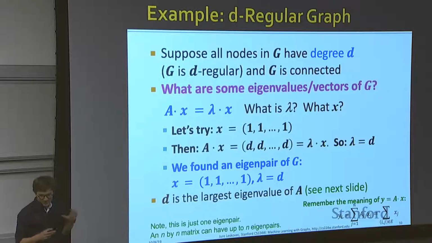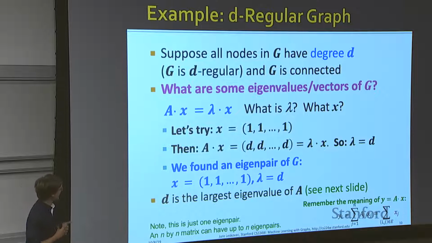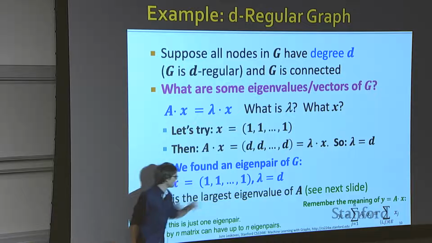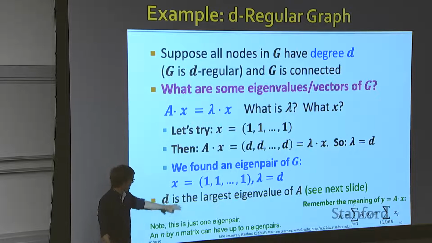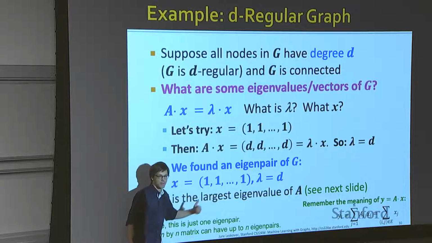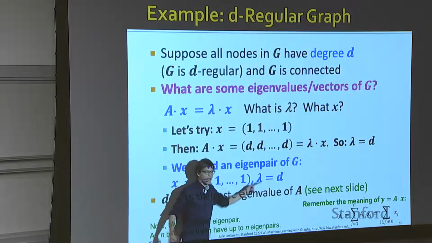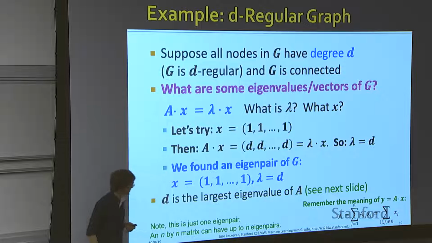Okay, so what did I try to tell you? I tried to give you an example of one eigenvector eigenvalue pair. It turns out that d is the largest eigenvalue of A, so if I have a d-regular graph, then this is the largest eigenvalue. All other eigenvalues will be smaller.